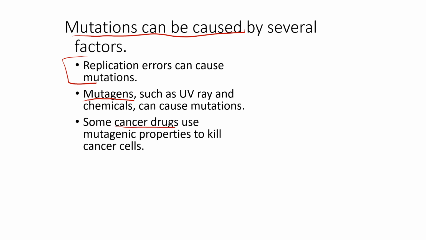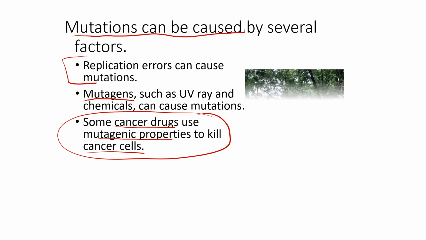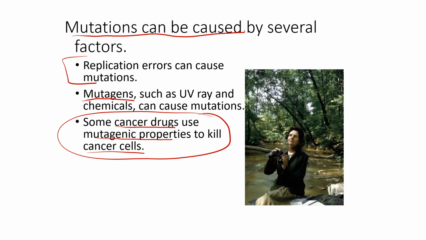Some cancer drugs use this to kill cancer cells. So they use properties that just kill mutations in the DNA. So this is some new cancer research there. So lots of mutations can happen for different reasons. And so normally the two of these things work together. This is why we say cancer is both genetic and environmental.